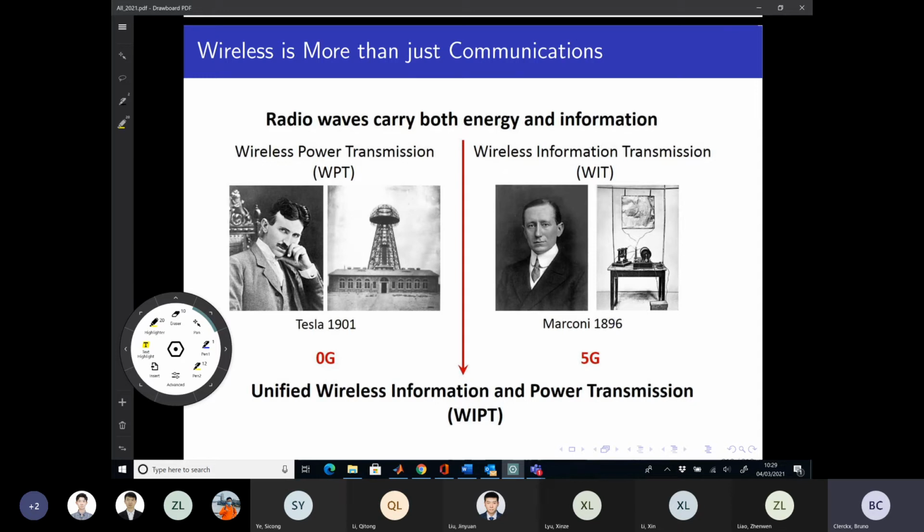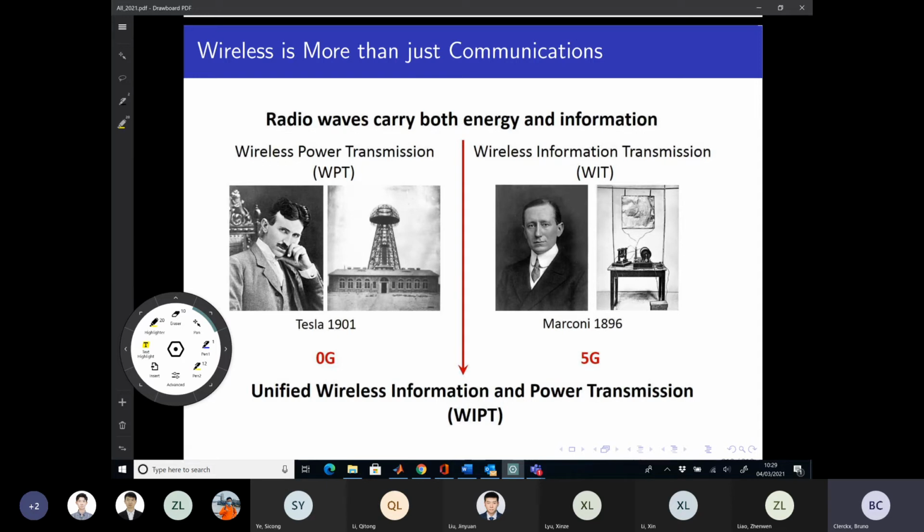Wireless communication is now in its 5G, clearly. If you look at wireless power transmission using radio waves, you could say it's still in its 0G. There is not a single standard that does wireless power transmission.